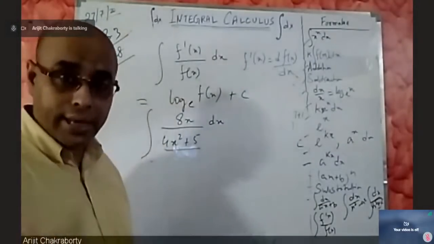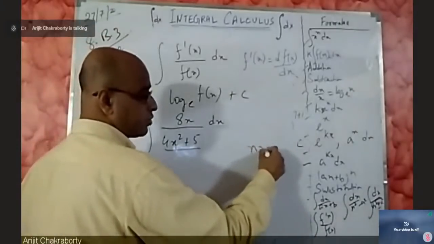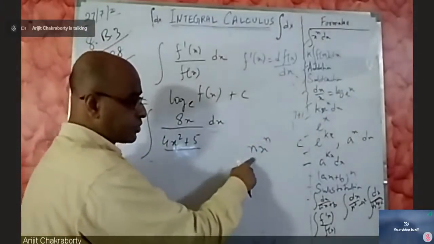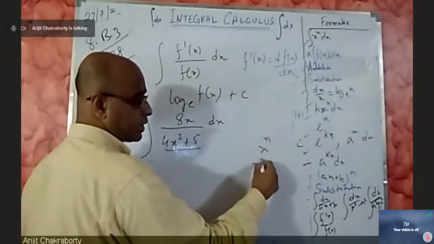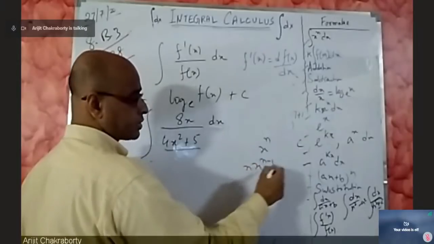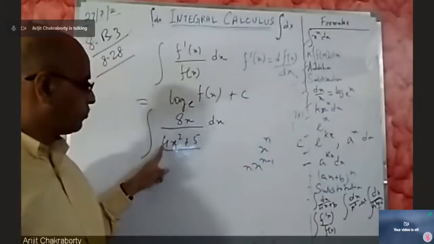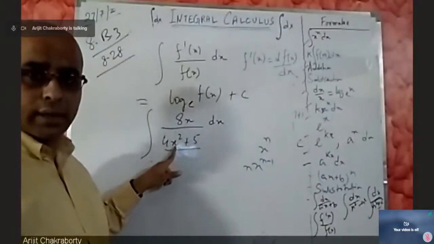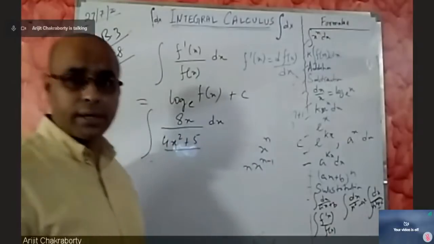You will get 8x. Because you know x to the power n, the differential coefficient is n x to the power n minus 1. So in this case, you will be getting 4 into 2x to the power 1, that is 8x. Now 8x you already have here in the numerator.